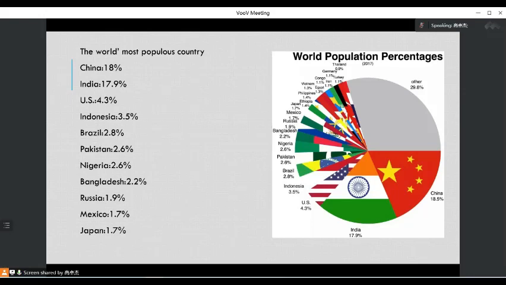So how many people are in your country? Do you know? 6 million. Oh, 500,000, okay, I see. That's small. In Suzhou, it's 8 million. It's more. Yes, but how large is the land area?